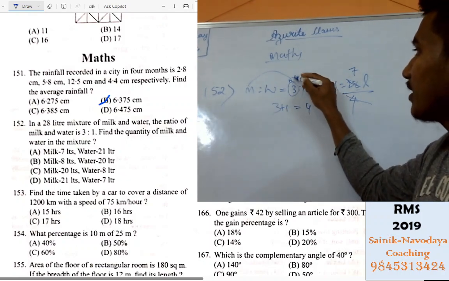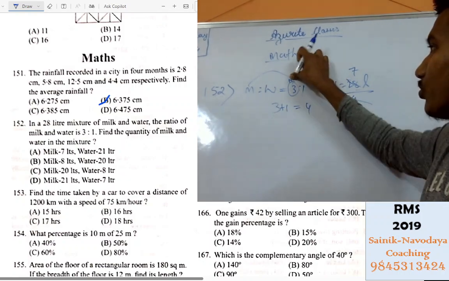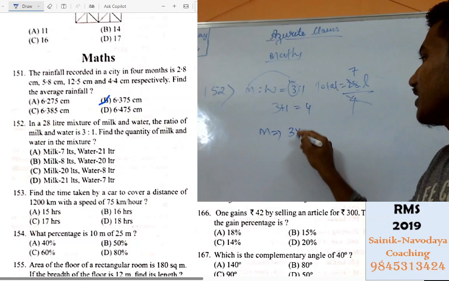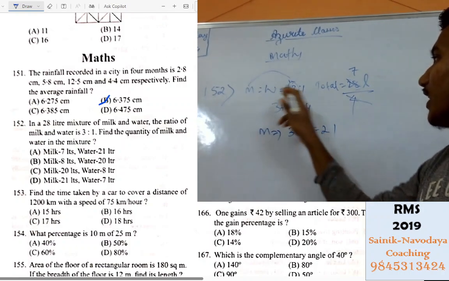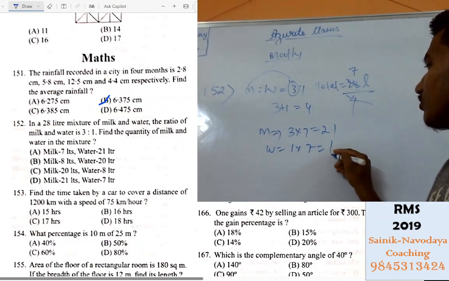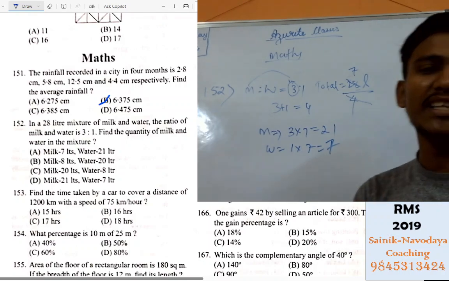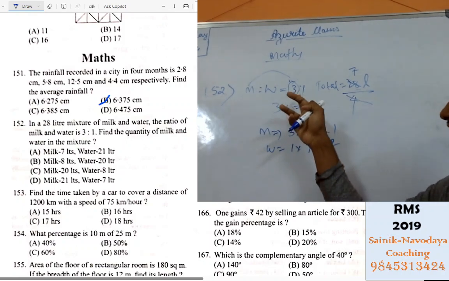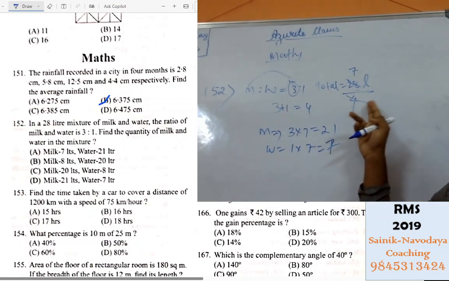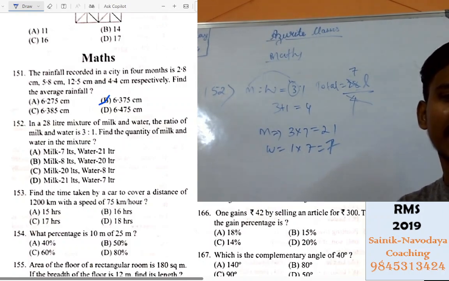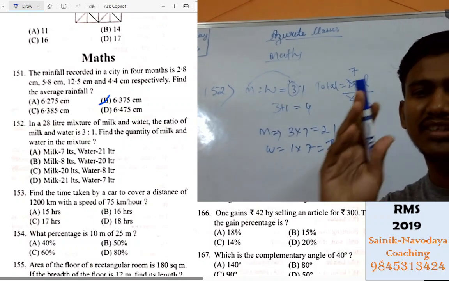So you multiply with 7 here. 3 into 7 is 21. And water is 1, so 1 into 7 is 7. So 7 is the answer. Okay, you can use this shortcut. You have to add the ratio and then divide the total by that. Okay na? Then you will get each part. So you multiply with the ratio.